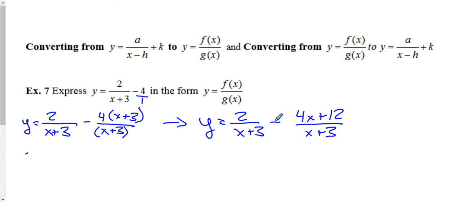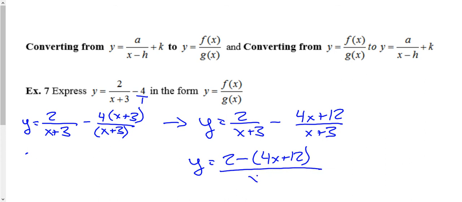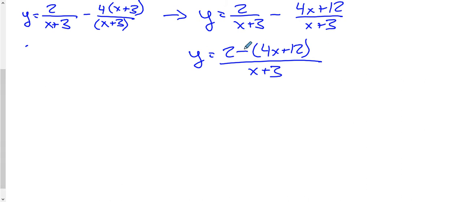Now I could do a quick subtraction. So I have y equals, and I'm just going to write it all in one big fraction. So that's 4x plus 12 there in brackets because I'm subtracting, and all of that's going to be now divided by x plus 3. Bringing in that negative sign so that we can combine things around.